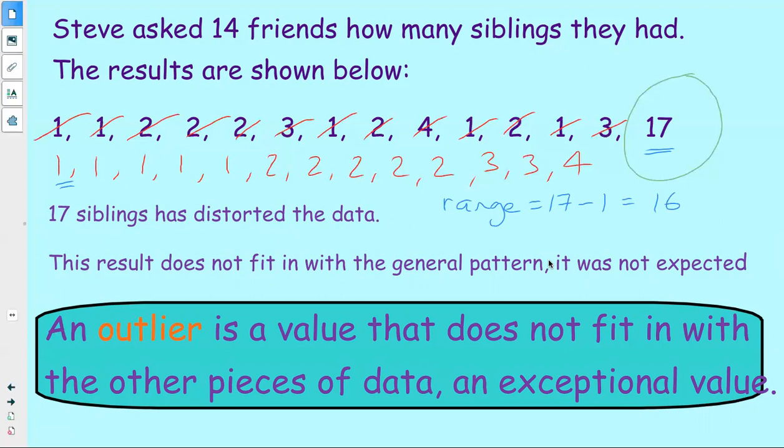But if that 17 wasn't there, the range would be the biggest number being 4, the highest value, and the lowest value being 1, and the answer is 3. So it really does distort some of the statistics that come out of it when you have an outlier. But again, it's something we will go into in a bit more detail further on in our journey of statistics. Okay, let's move on to something I kind of wanted just to be aware of.